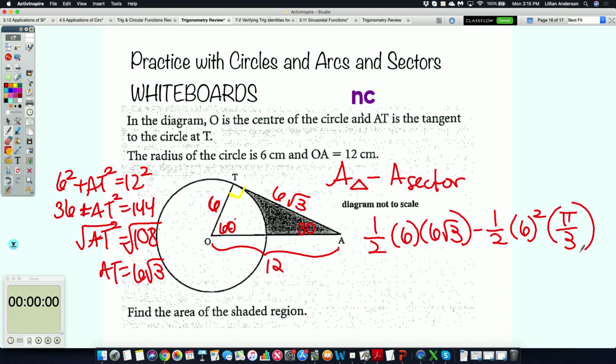Pi over 3. So half of 6 is 3, times 6 root 3 becomes 18 root 3. What's 6 squared? 36. Half of 36 is 18. And what's 18 divided by 3? 6.